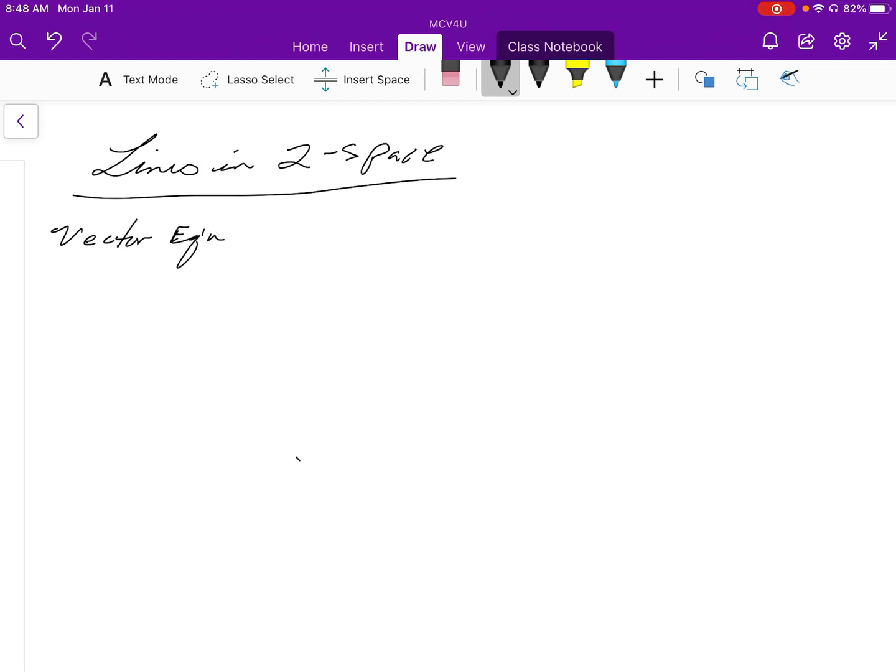But to start off with, as we did in the last one, we looked at vector equations. An example of a vector equation: we've got our vector equaling our known vector, let's say it's just 3, -4, and then we have our direction vector with our scalar, or our parameter, beside it, something like 2, 3.